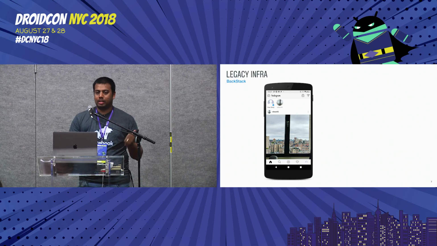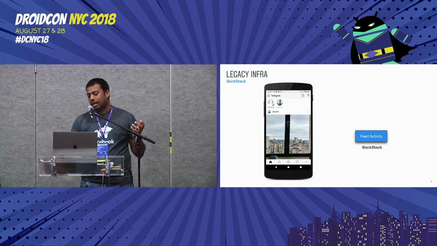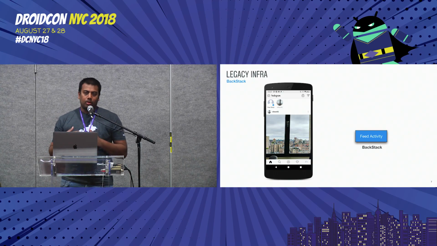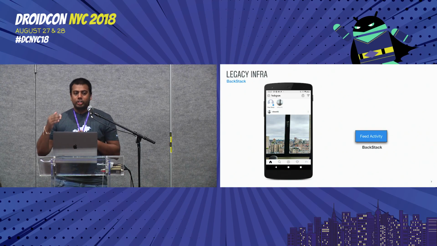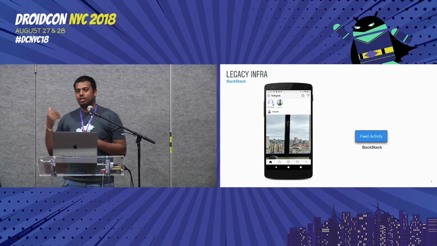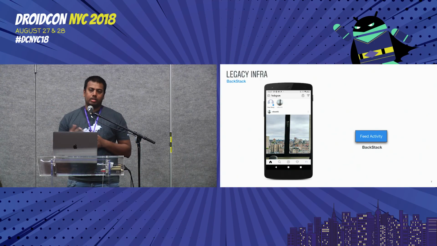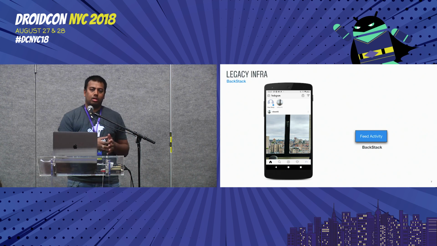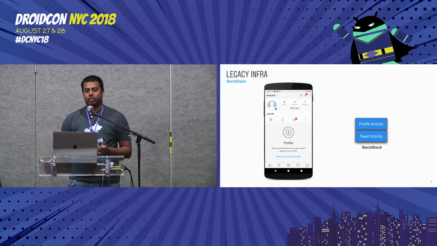If the feed doesn't exist, it adds a record into the local activity manager, which basically adds it into the stack of that manager. Then when you click on the profile icon, it checks if that particular activity exists in the stack. If it doesn't exist, it creates a new one and adds it on the stack. At the same time, it stops the view of that particular feed activity. So at the end of the day, your stack is basically going to look this way.